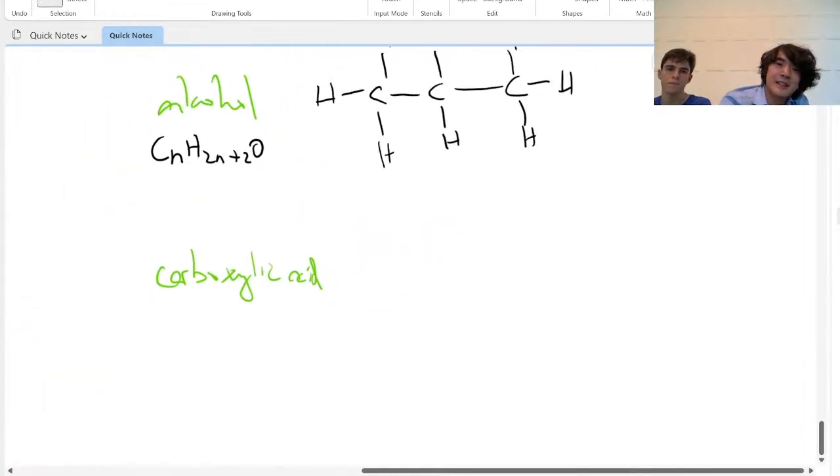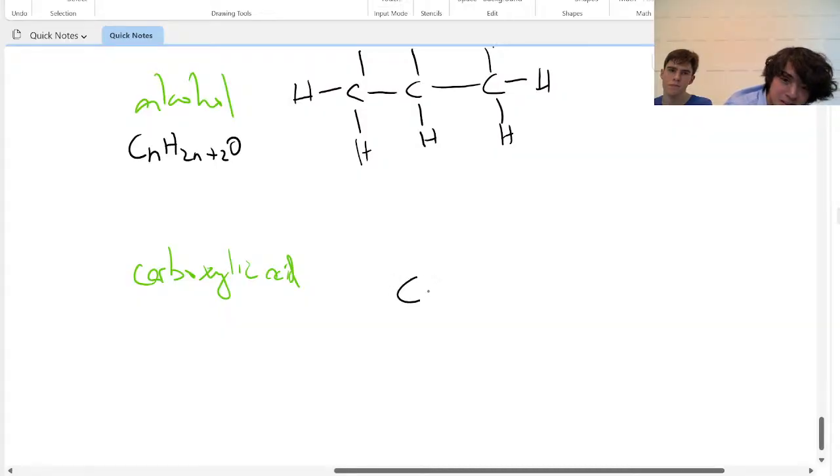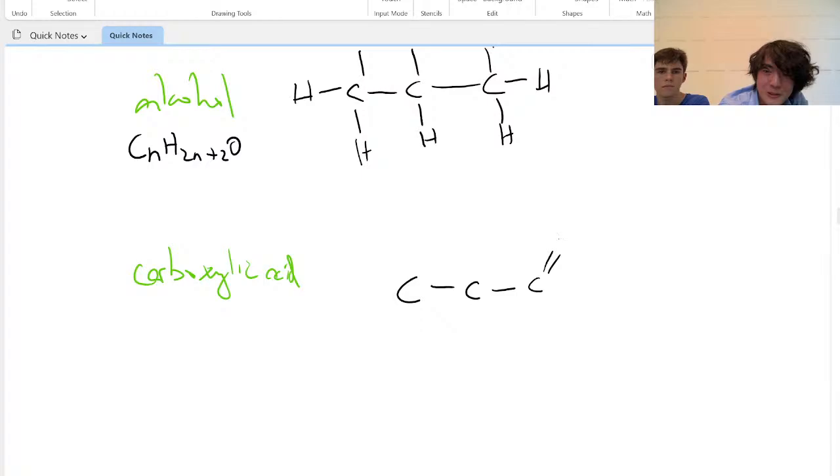Carboxylic acid is a bigger functional group.